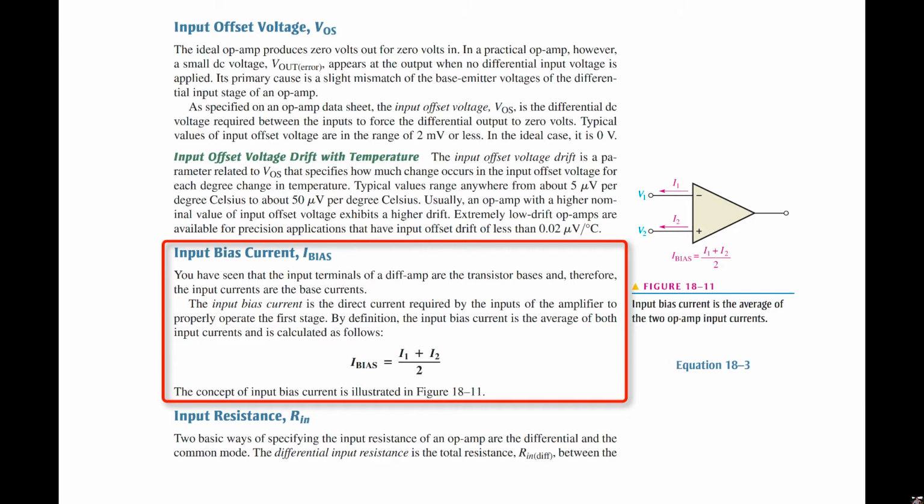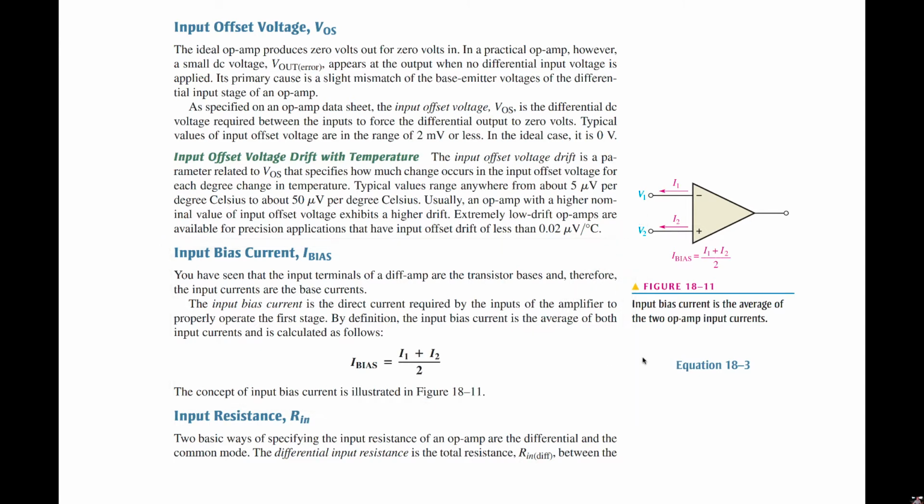By definition, the input bias current is the average of both input currents and is calculated as follows. So you can see here that we've got the two input currents, 1 and 2, and we cut them in half. The concept of input bias current is illustrated in figure 18-11 to the right.